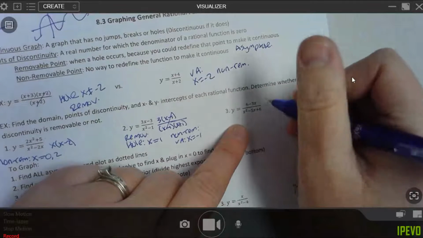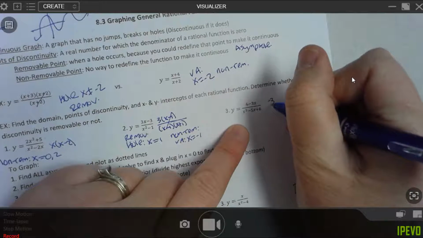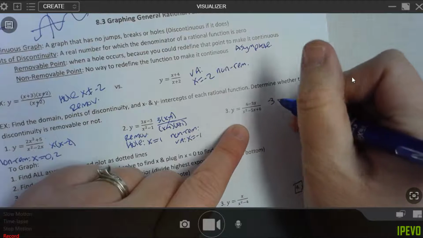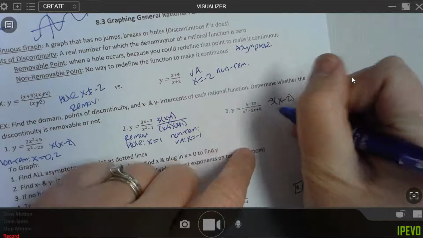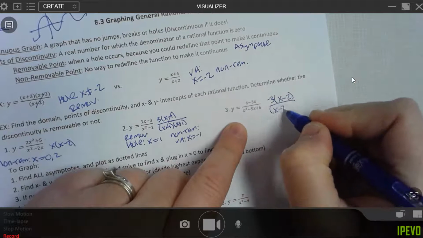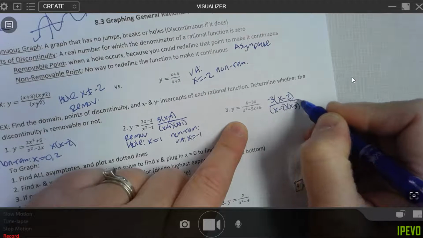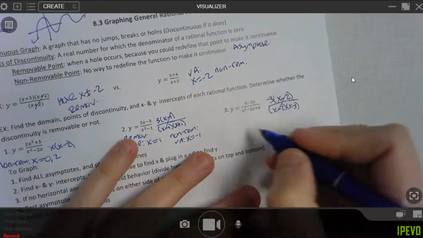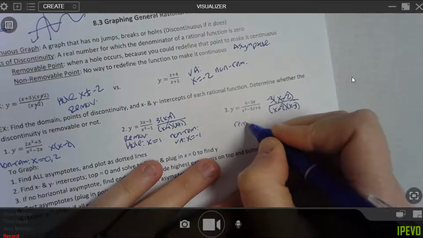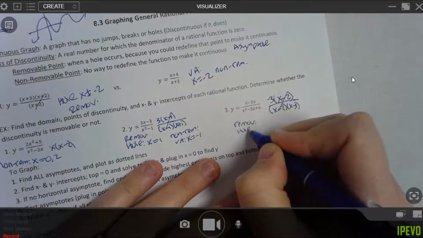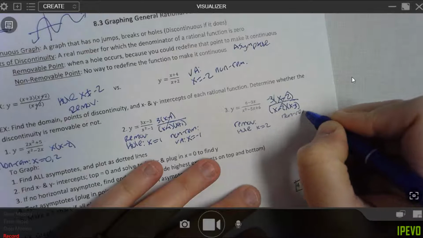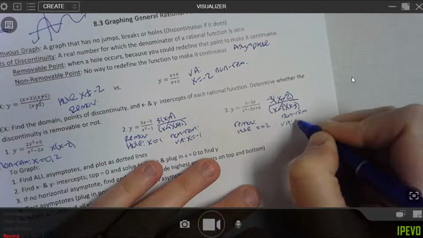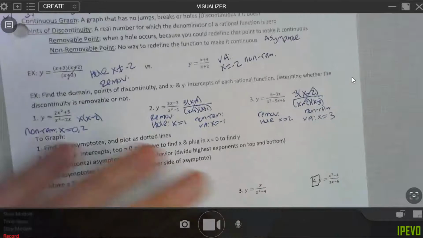For this one right here, I'm going to factor out a -3 just because I never like my x to be negative. It never helps you. If I take out a -3, I get x minus 2. So cancel these out. We're going to have a removable point, a hole, where x equals 2. Non-removable is at your vertical asymptote of x equals 3.